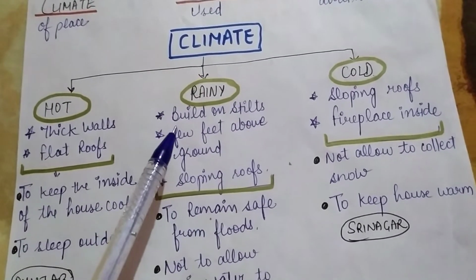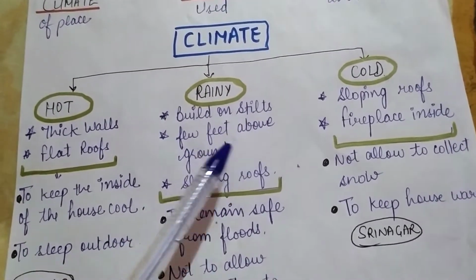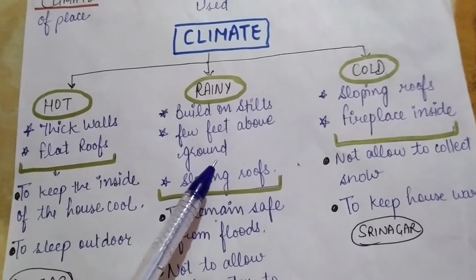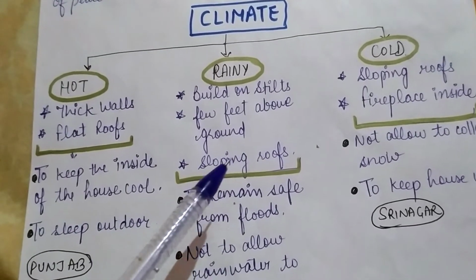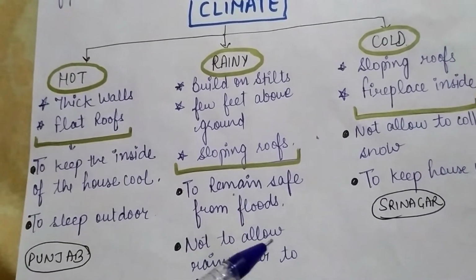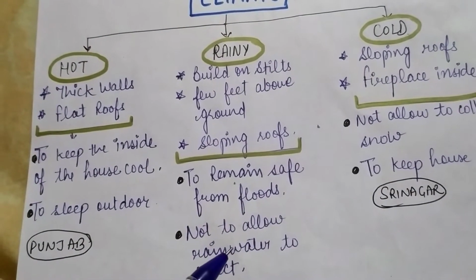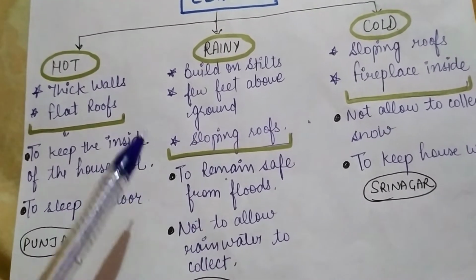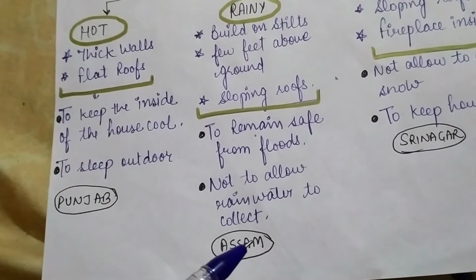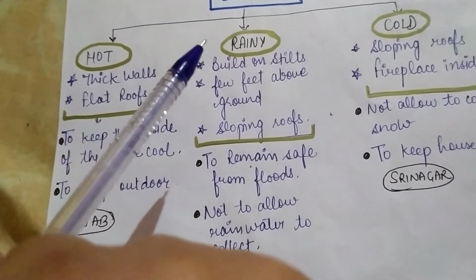That's why the houses are situated a few feet above the ground. Then the third thing is they have sloping roofs. Now why do they have sloping roofs? Not to allow rainwater to collect. These types of houses are there in places like Assam, Meghalaya, where a lot of rain is there.